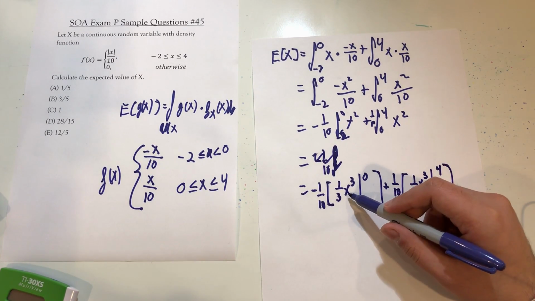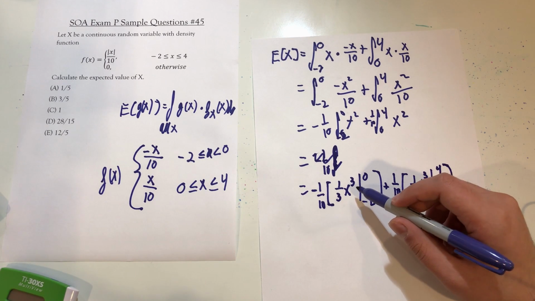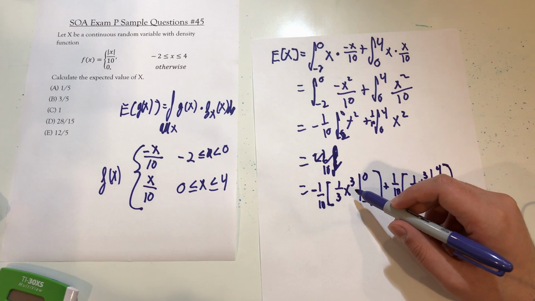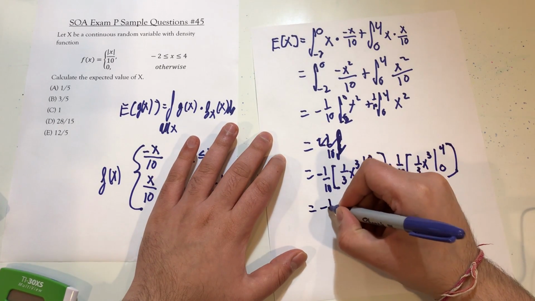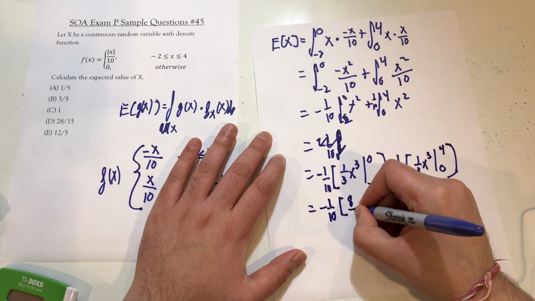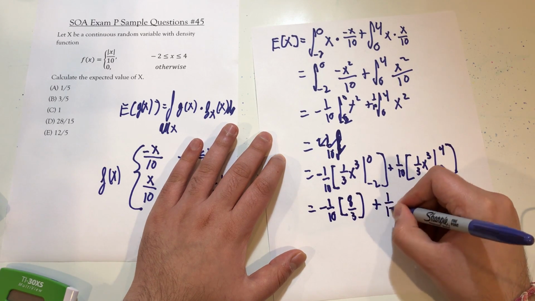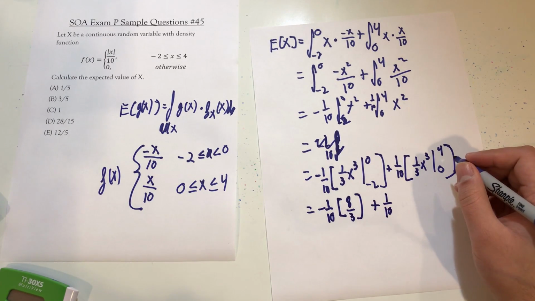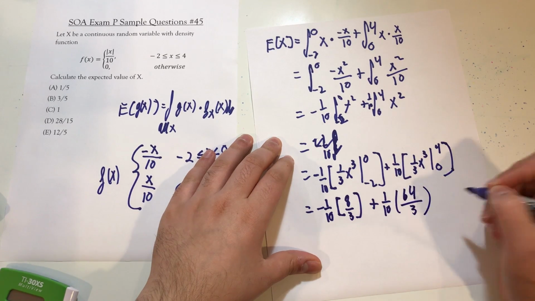Obviously plugging in 0 will get me 0. Plugging in negative 2 gets me negative 8 over 3, and then minus a negative. So this will get me negative 1 over 10 times 8 over 3, plus 1 over 10. Plugging in 0, that's fine. 4 to the third is 64 over 3. That's going to be 64 over 3 times 1 over 10.